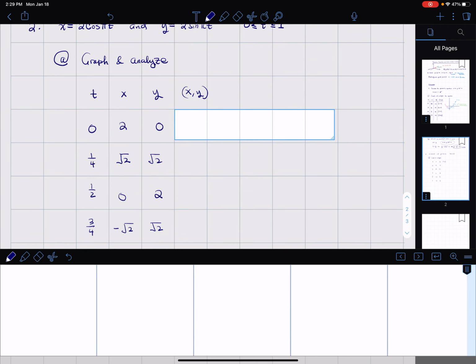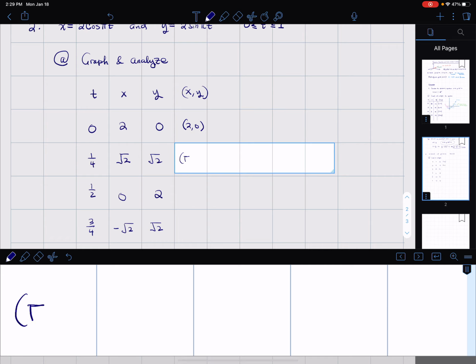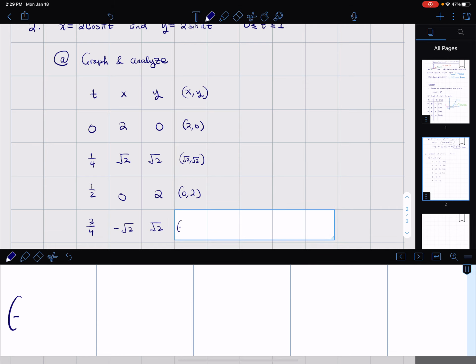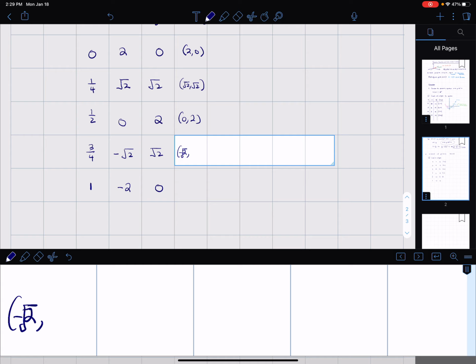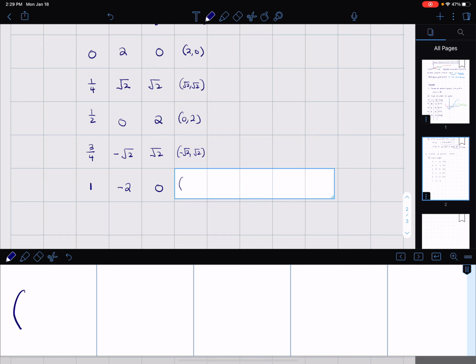So our x, y points are 2, 0; root 2, root 2; 0, 2; negative root 2, root 2; and then we have negative 2, 0.